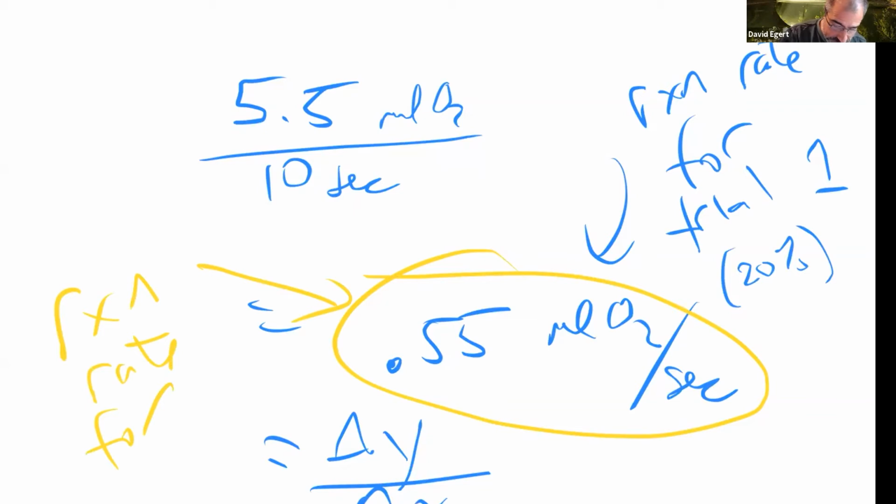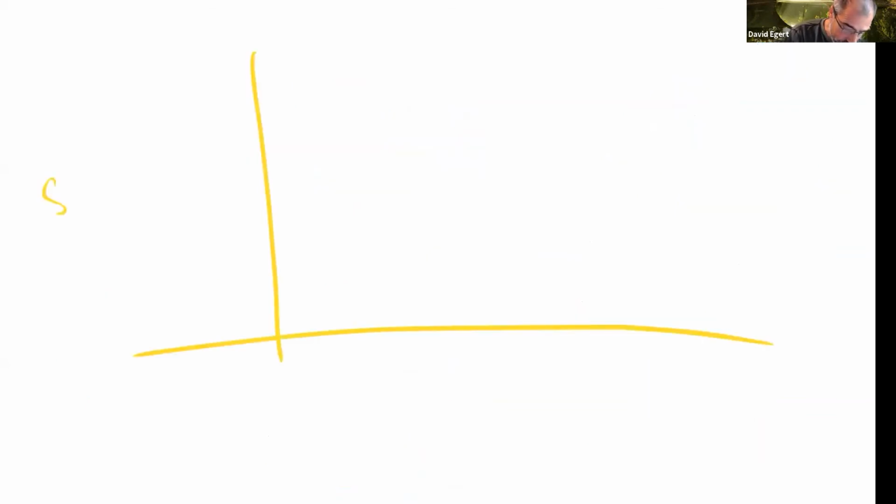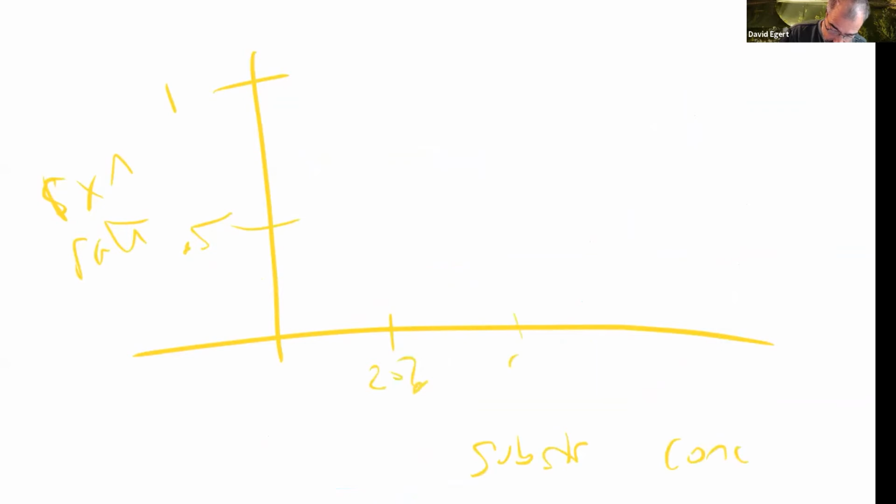And then you'll finally have your reaction rate. So if this was substrate concentration, 20%, 40%, 60%, 80%, and so on, I'd say, oh, for 20%, it's 0.55. There's my dot for my graph.